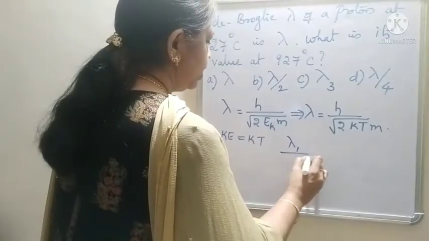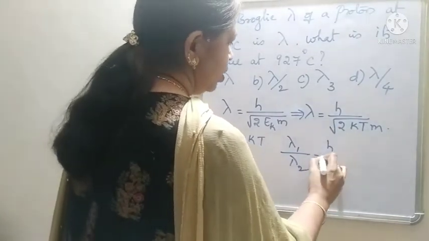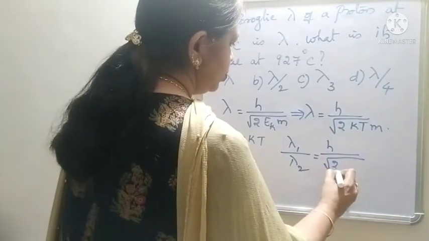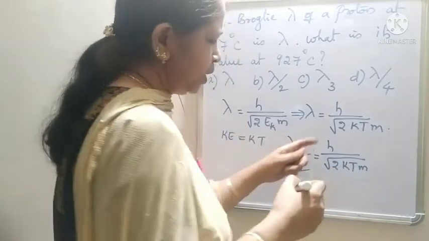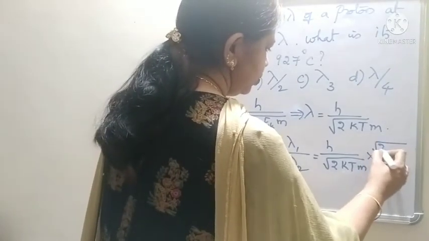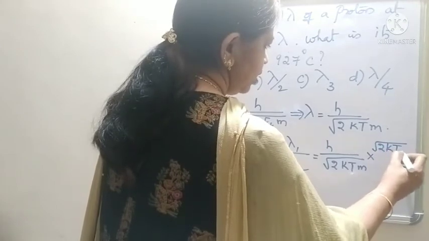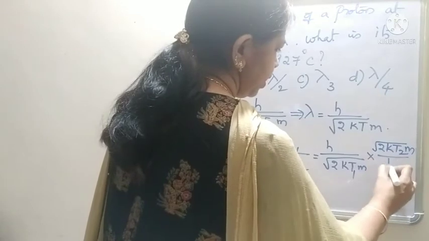Lambda 1 divided by lambda 2, which is h by root 2 kT1 m divided by h by root 2 kT2 m. So, let us write it to the upside. It is under root 2 k T2 T1 m by h.